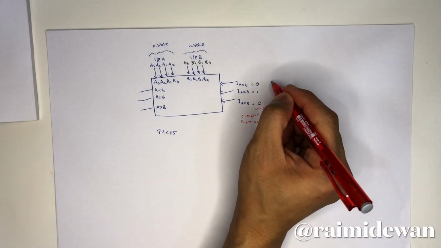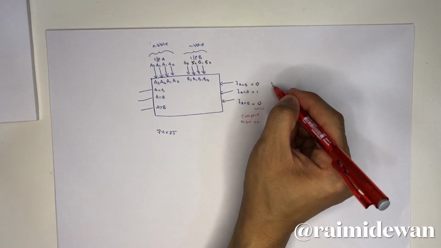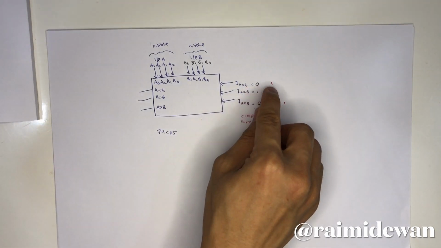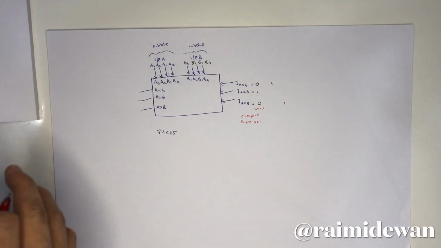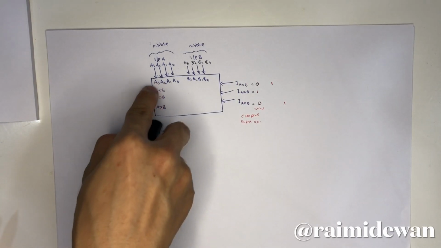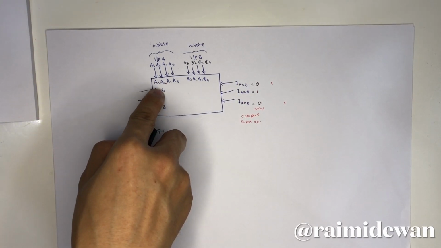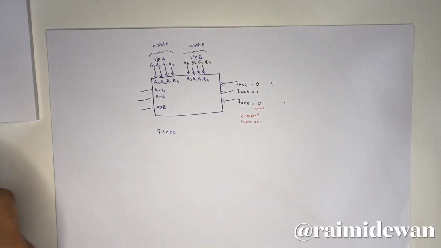Let's say if this one is set to 1, what will happen? The output of A less than B will be set as 1.